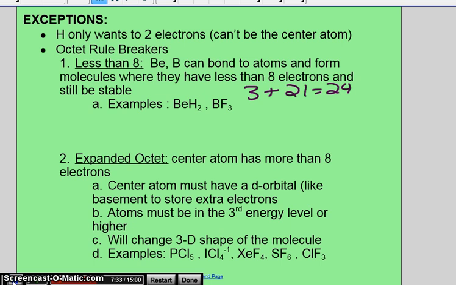So if I start with the boron in the middle, and I do my connecting up where I have the unpaired electrons.